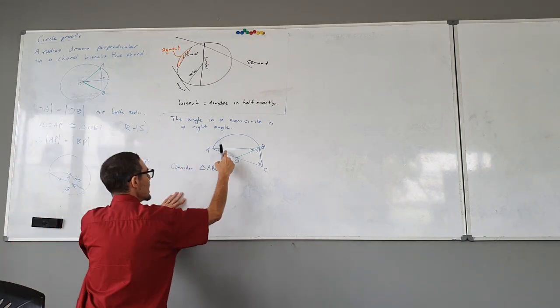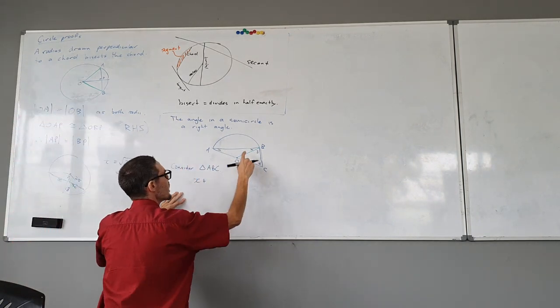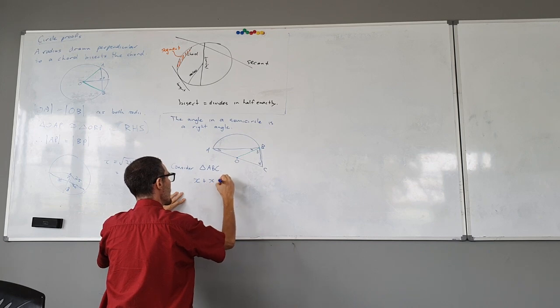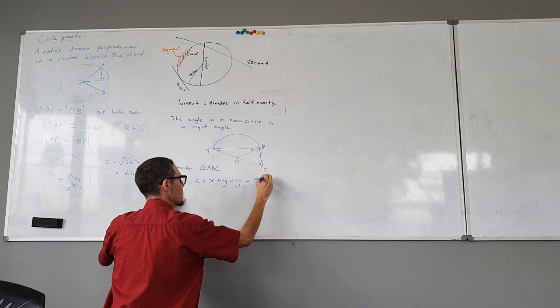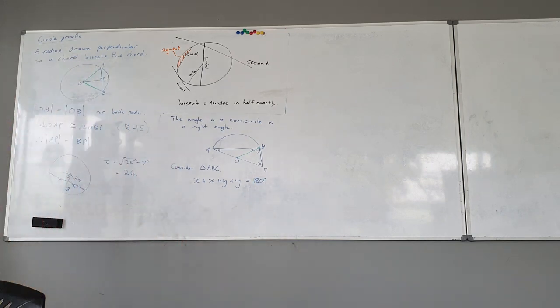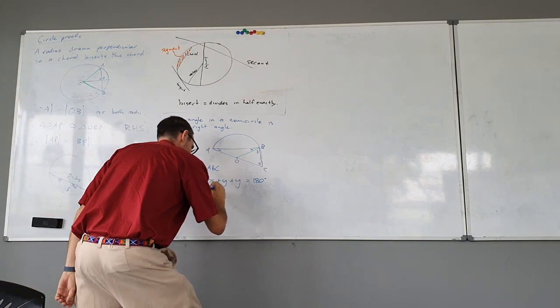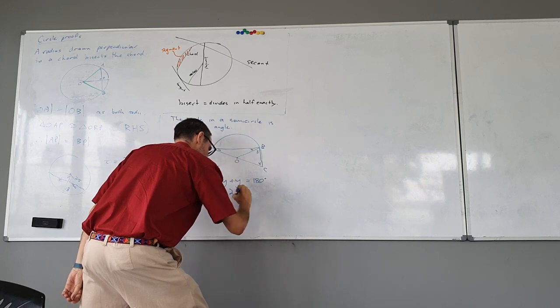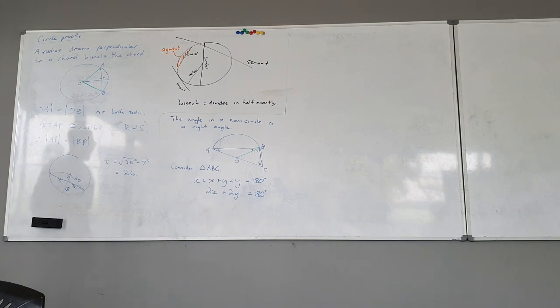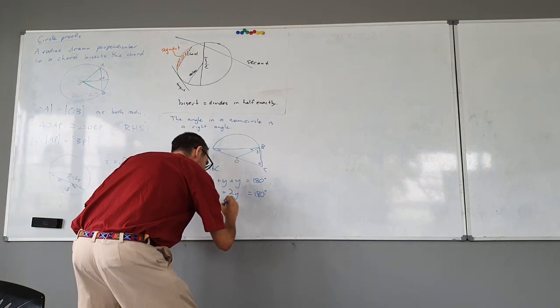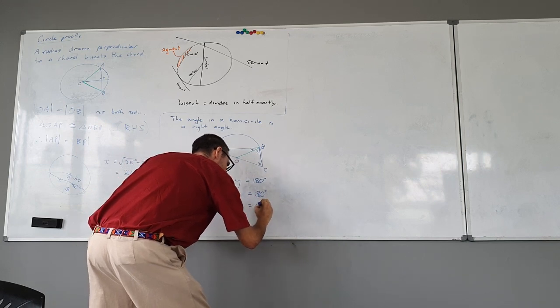That means x plus y plus y must equal 180 degrees. Do you agree with that statement? That means 2x plus 2y must equal 180. Now divide everything by 2. X plus y must equal 90 degrees.